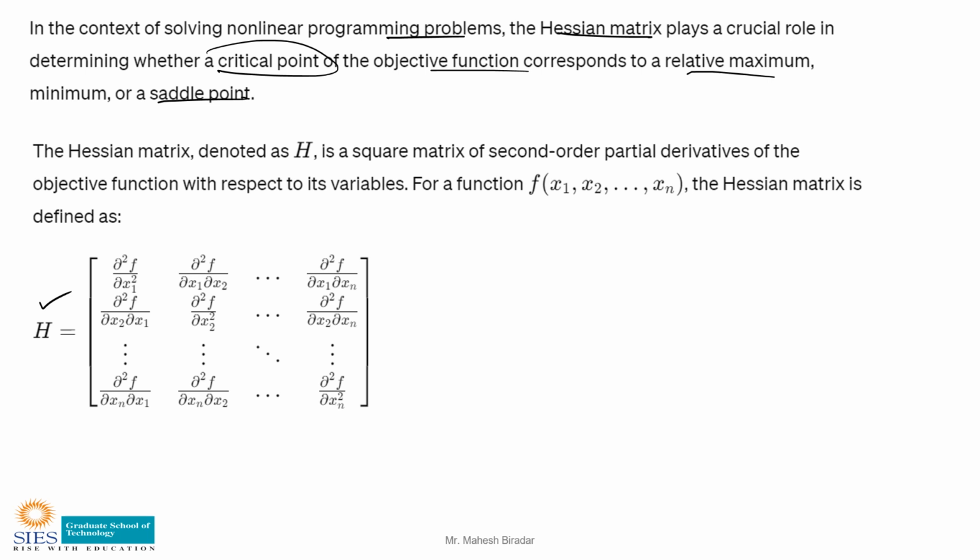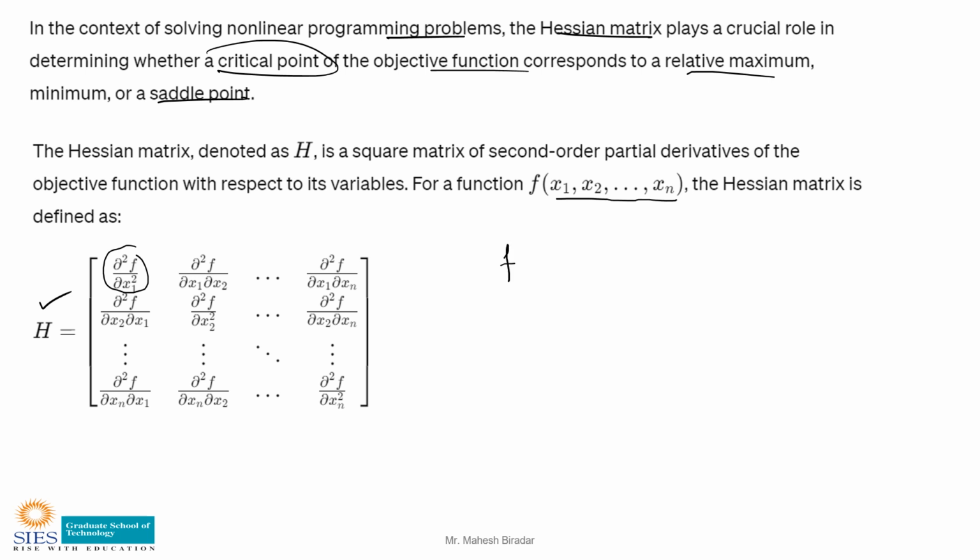Here suppose your objective function involves x1, x2, x3 in this way up to xn, decision variables, then the Hessian matrix can be defined like this. This is the first row, first column.